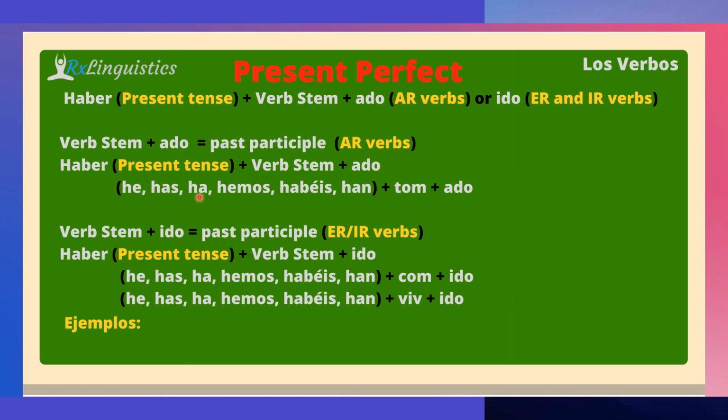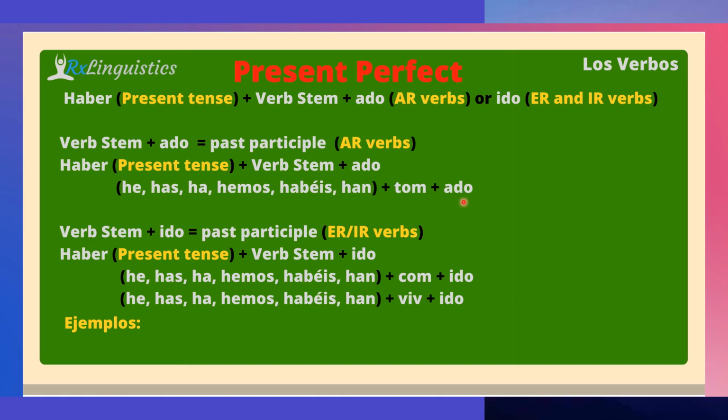You add the root of the verb, and this is the root of the verb. Tom is the root of the verb. You add it to, and then you add the appropriate ending, because ER verb and IR verb will be ido, and AR verb will be ado. And when you see ado, you know it's a past participle.